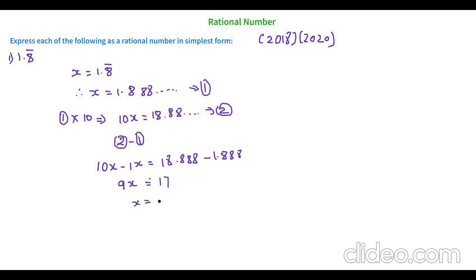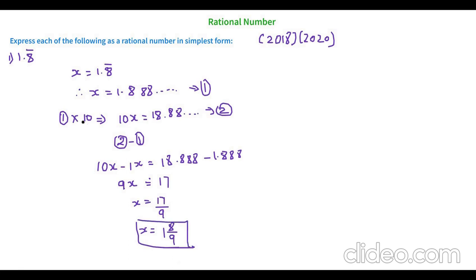So x equals 17 by 9. Either you can stop with this, or change it to mixed form and write x equals 1 and 8 by 9. This is the simplest form.